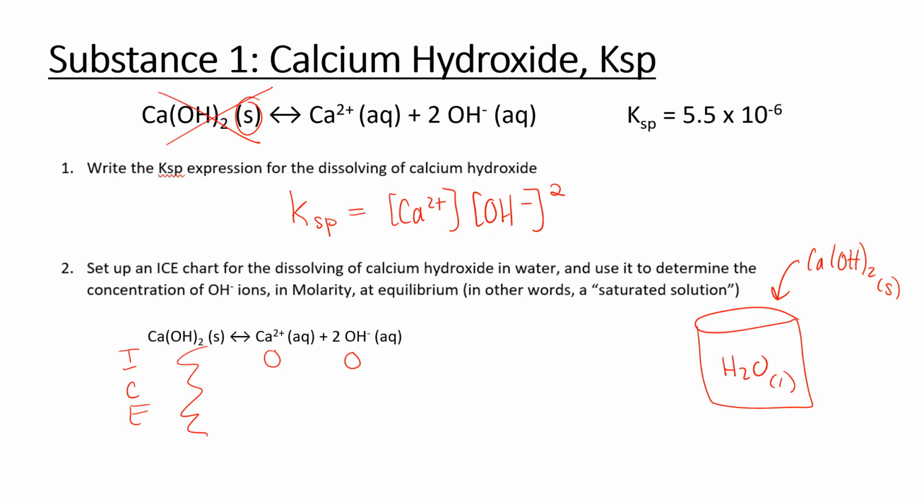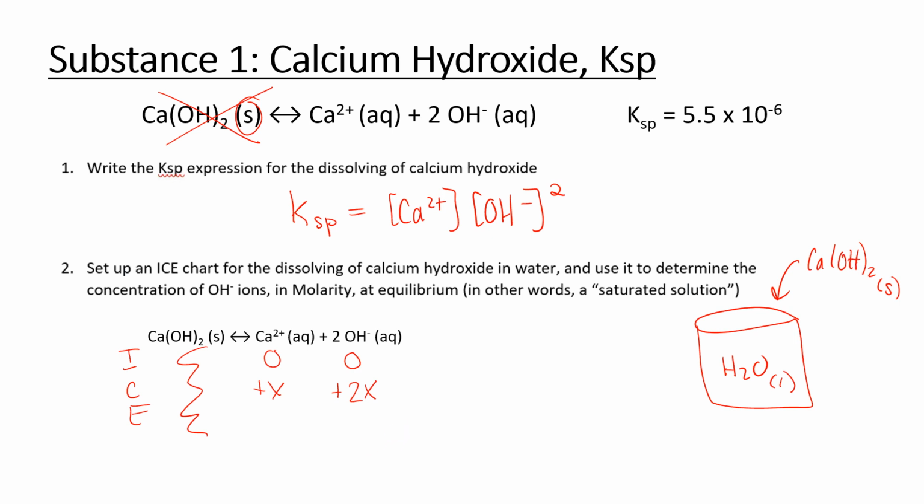And then as my calcium hydroxide dissolves, I'm going to make some calcium ions and some hydroxide ions. And remember, they react in a 1:2 ratio, so your change row has to reflect that.